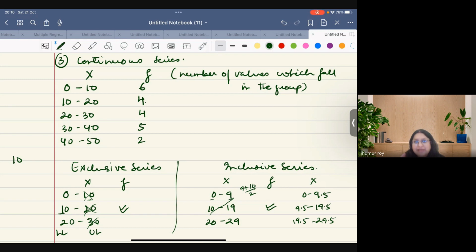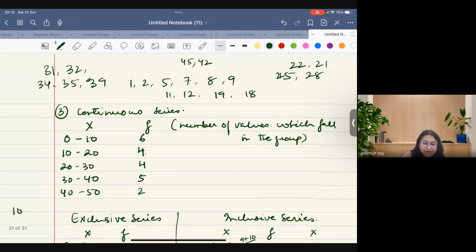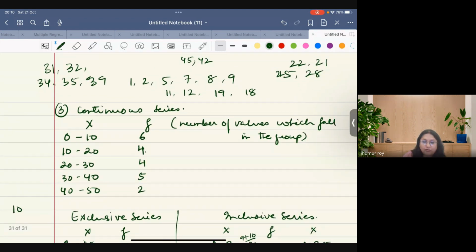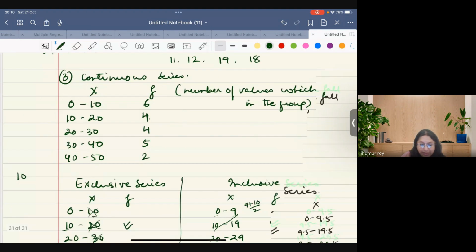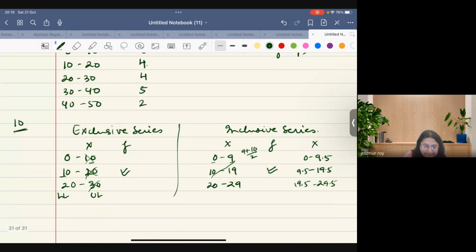Okay, I'm explaining again, Salome. See, I said that these values were clear. See, 31, 32, 34. So there was no overlapping, so those values we can easily put. But if we have a value like 10, now 10 falls over here also and over here also. So in an exclusive series, the upper limit is not considered. So that's why it will not be considered over here.